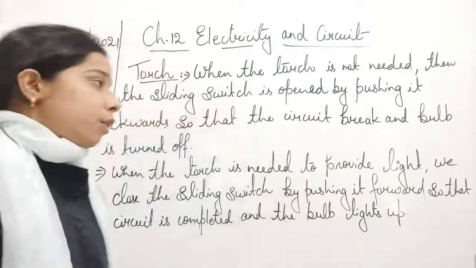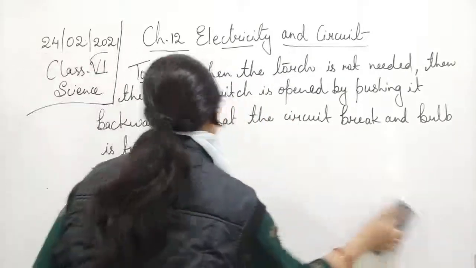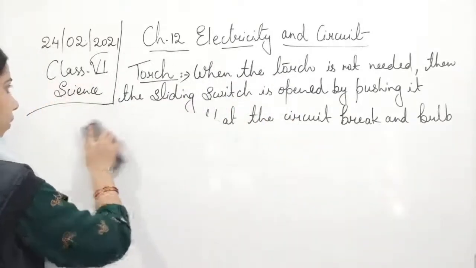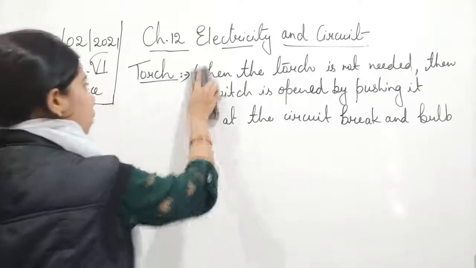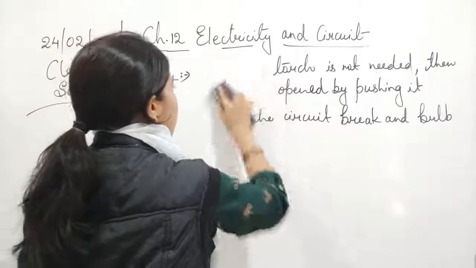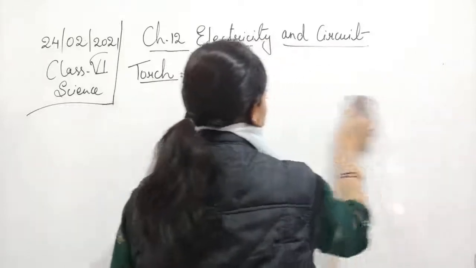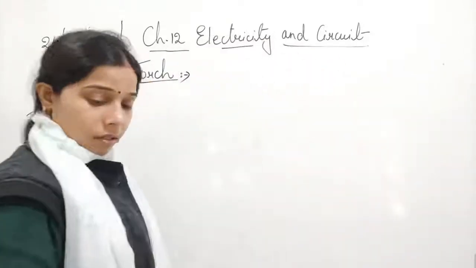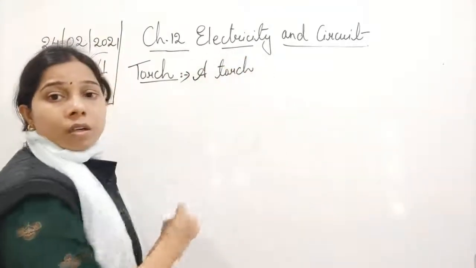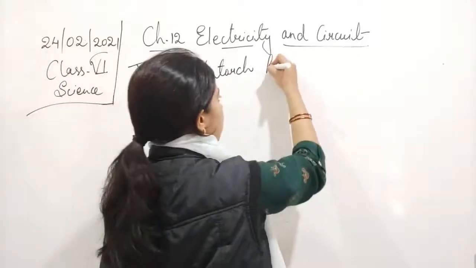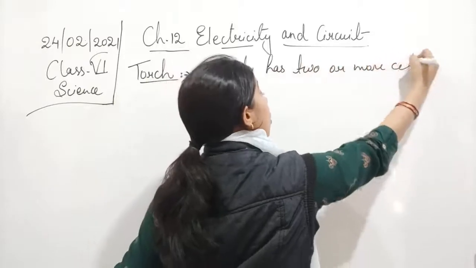Now what are the things in a torch? A torch has 2 or more cells.